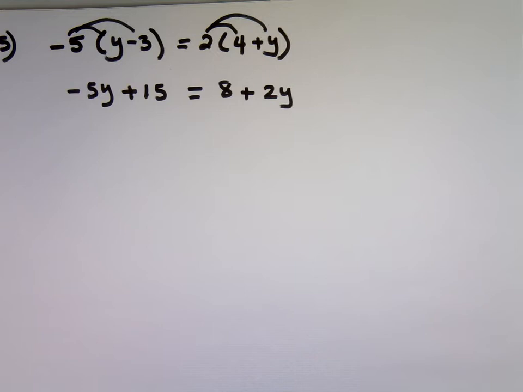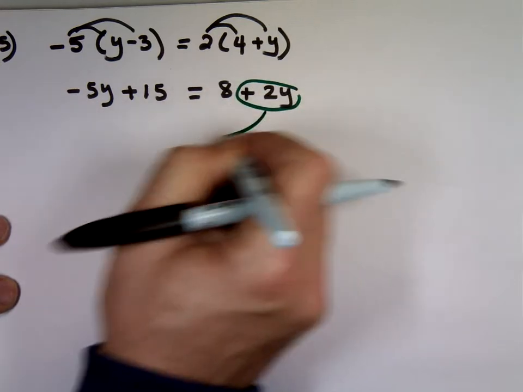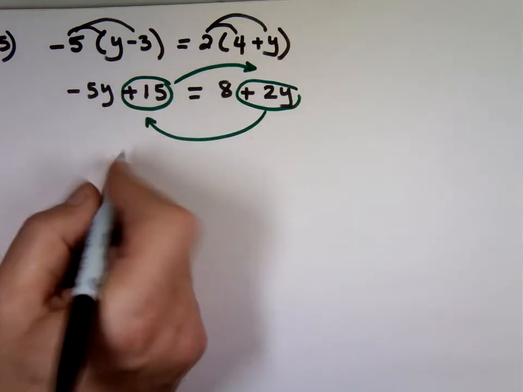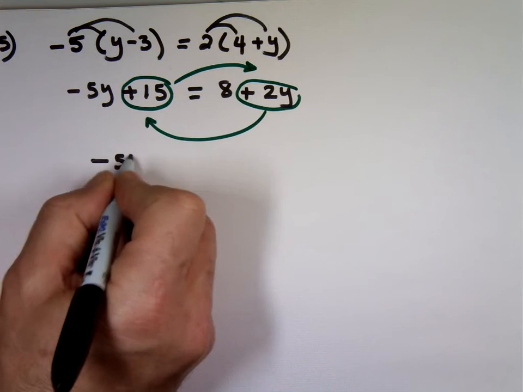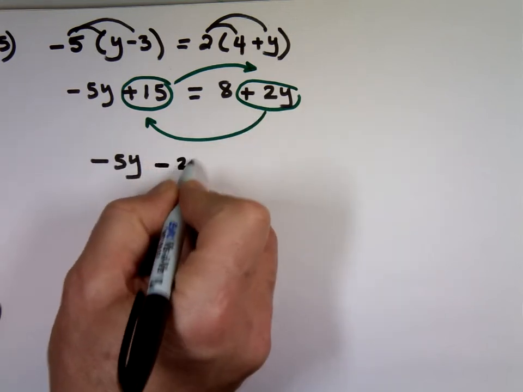All the y's on one side, all the numbers on the opposite side. So let me take the plus 2y to this side, the plus 15 to that side. This will be negative 5y. That 2y comes in, becomes negative 2y.